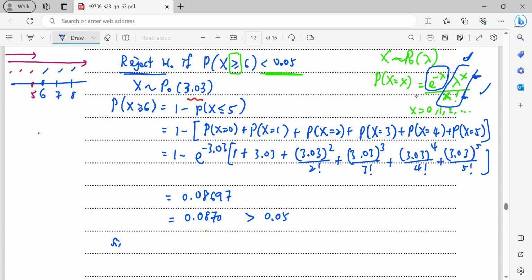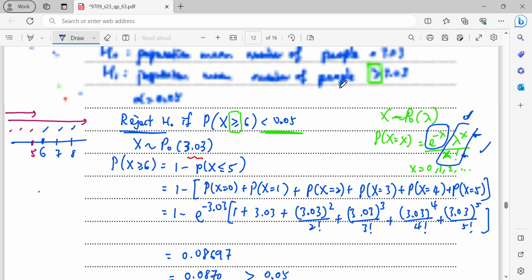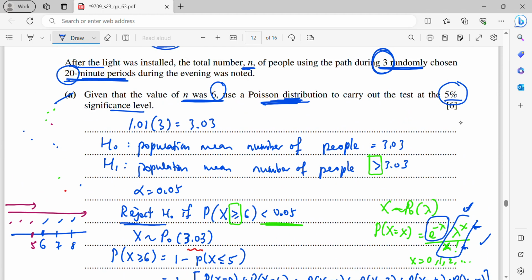Since P(X ≥ 6) is more than alpha, the decision is do not reject H0. So it means we cannot conclude this; there is insufficient evidence to say that it has increased.